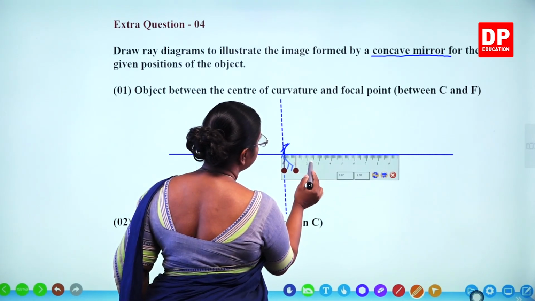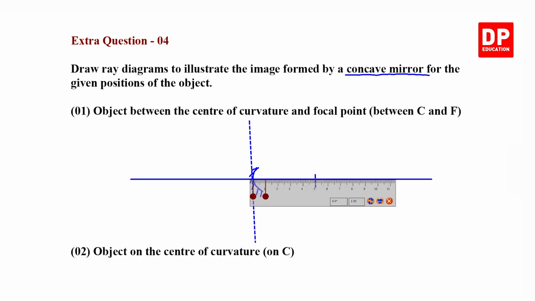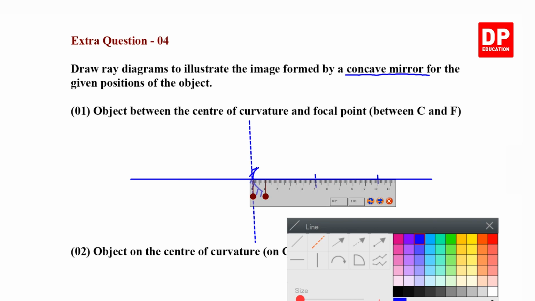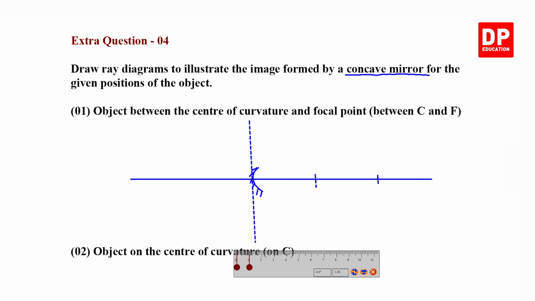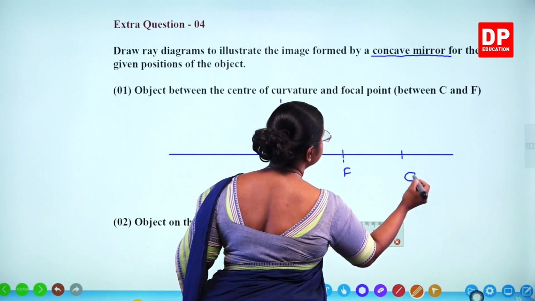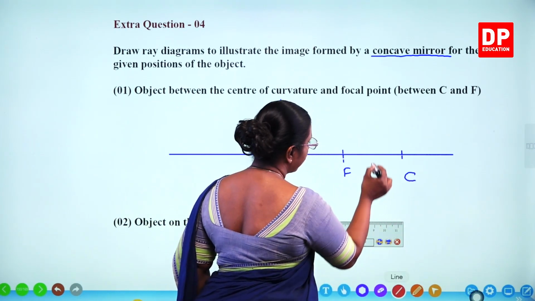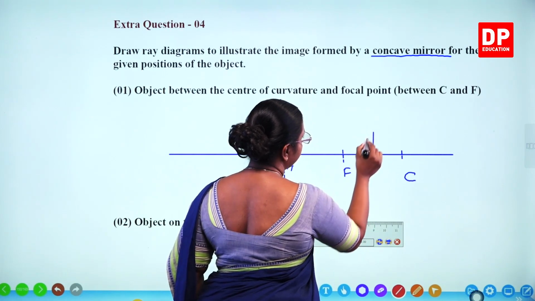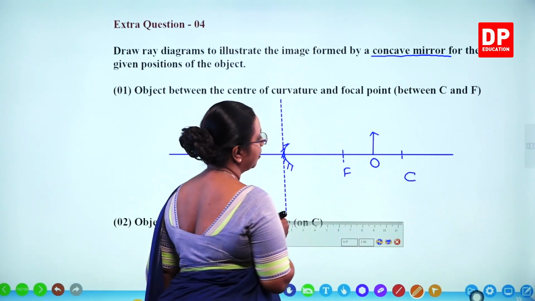So I will take it as 5 centimeters and 10 centimeters, so that it is easy for us to draw the rays. Then we have to mark the points F and C, and the object is between C and F. So now to draw the object, I will draw it here and also mark it as O, object.